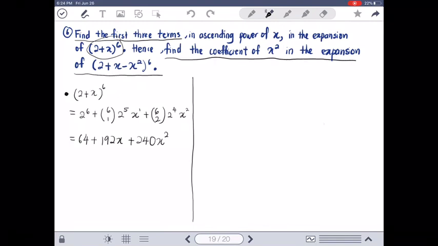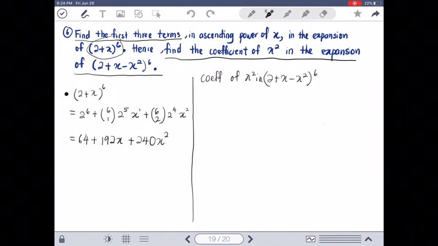Find the coefficient of x squared in the expansion of (2 + x - x squared)^6.